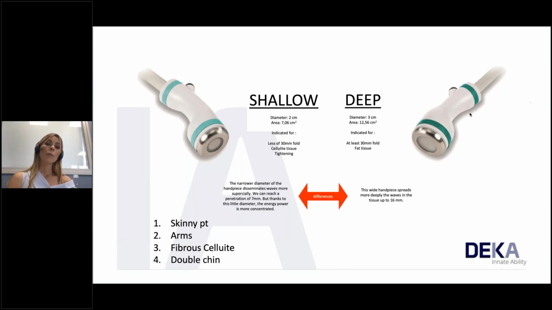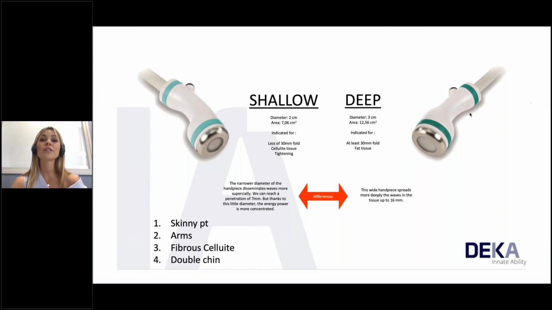But normally, the shallow NPs are used for the treatment of skinny patients to improve the skin quality. They are used for the treatment of the arms, because in this area we do not find a correct coupling with the skin if we use the deep NPs.